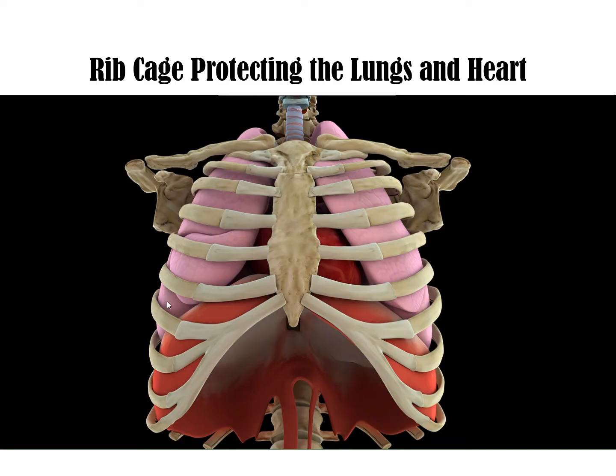All in all, we have 12 ribs that you can see here protecting the lungs, even the diaphragm, which is the muscle responsible for our breathing, and your heart is also found here. So in this picture, I want you to appreciate the protective function of your bones, particularly the rib cage.